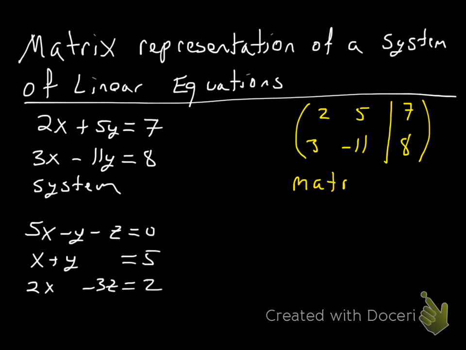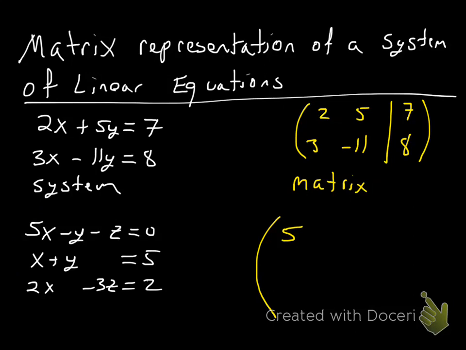Notice that the second two equations in this system here are missing one of the variables. So if it's missing one of the variables, we're going to have to put a placeholder 0 when we put it in the matrix form. Alright, so then I corrected my spelling of matrix.